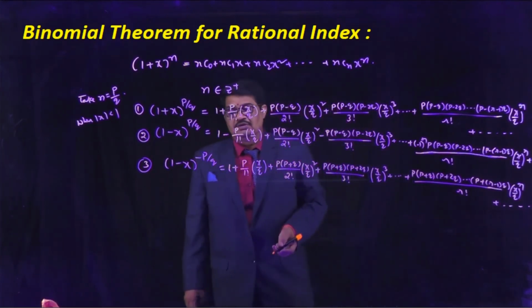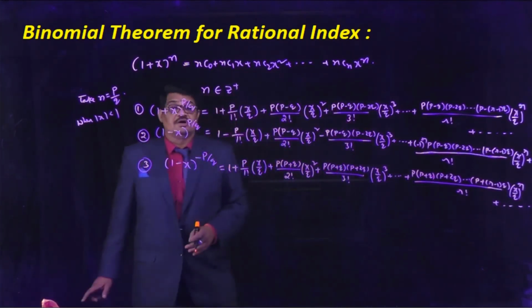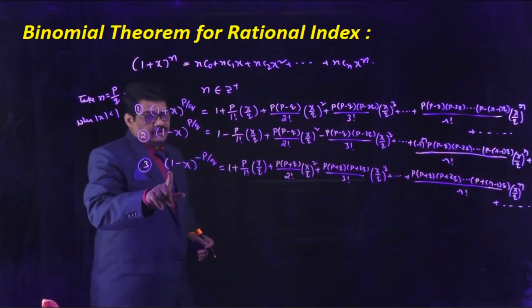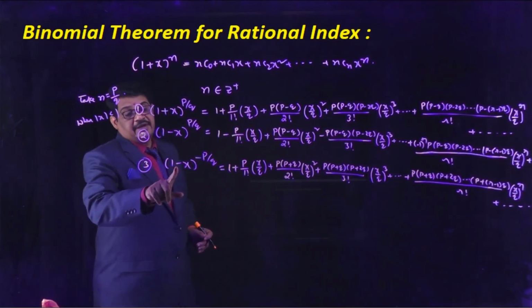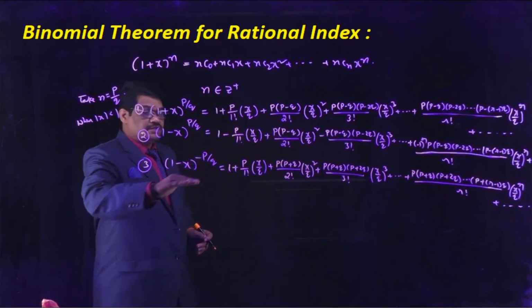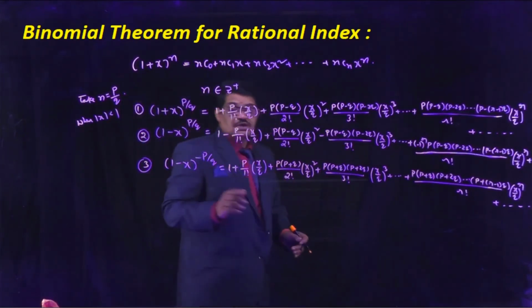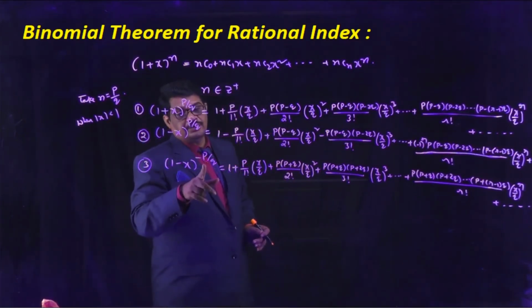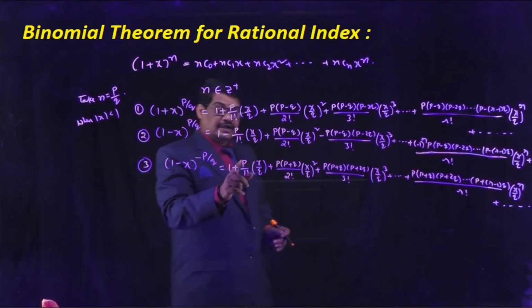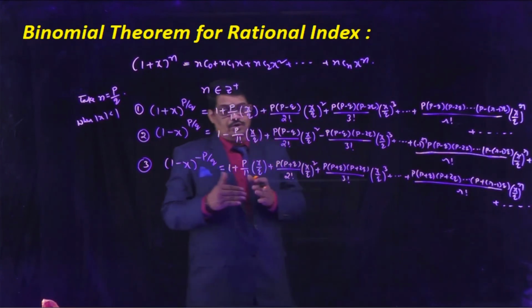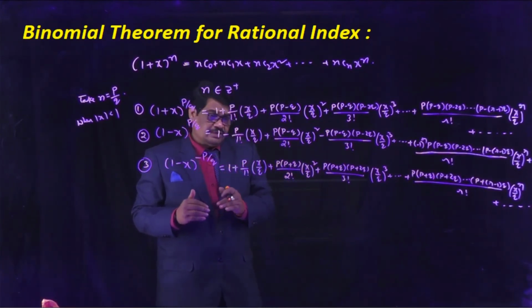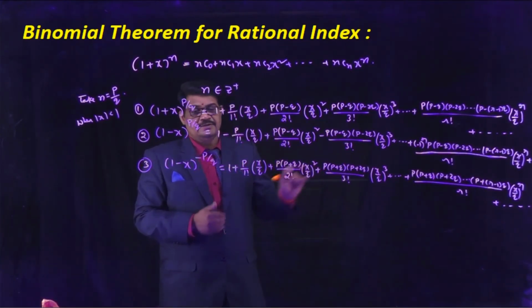This is the expansion of (1−x)^(−p/q). Here minus and here also minus, so the terms are all positive. If the index is a negative rational number, we get p plus q, p plus 2q, like that, so the factors in the numerator are increasing.